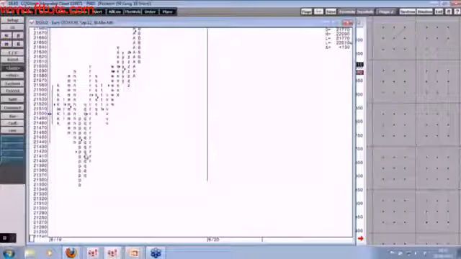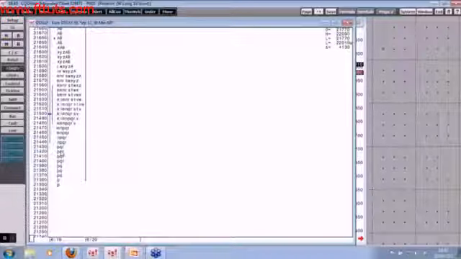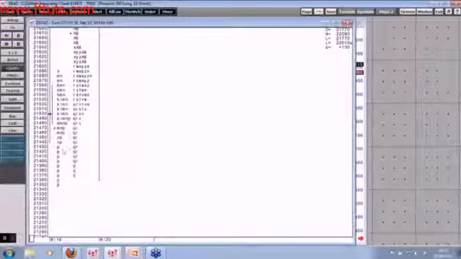Before the data came out, if I just bring up what the profile looked like pre 10 AM, you can see here we've got many single prints on the low of the day. Once we see those single prints, the question is, if we leave single prints here and we start to trade down here, that is a sign we are going to trend.